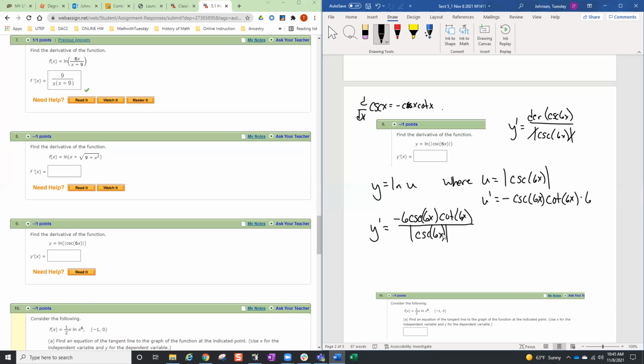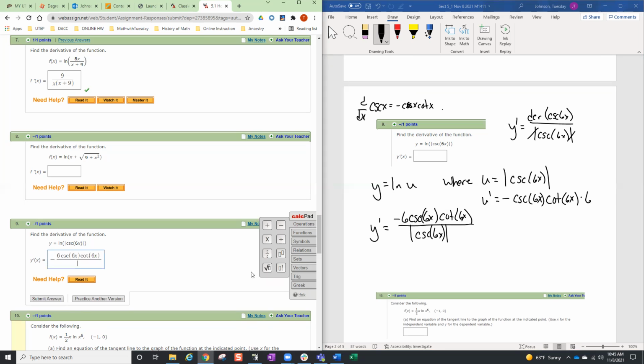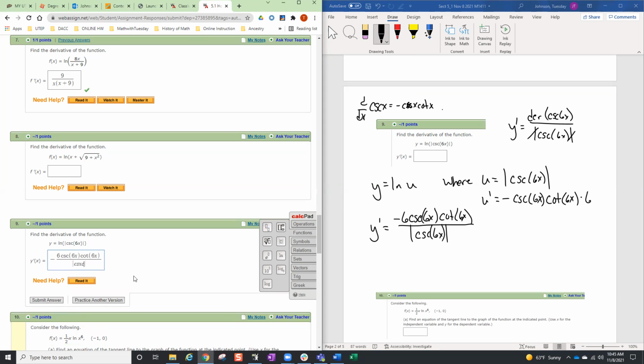However, with the absolute value, we're looking at a sign change type of thing here. So where did I do that one? Here we go. Minus 6 cosecant of 6x cotangent of 6x divided by the absolute value of the cosecant of 6x. Hopefully, let's see.